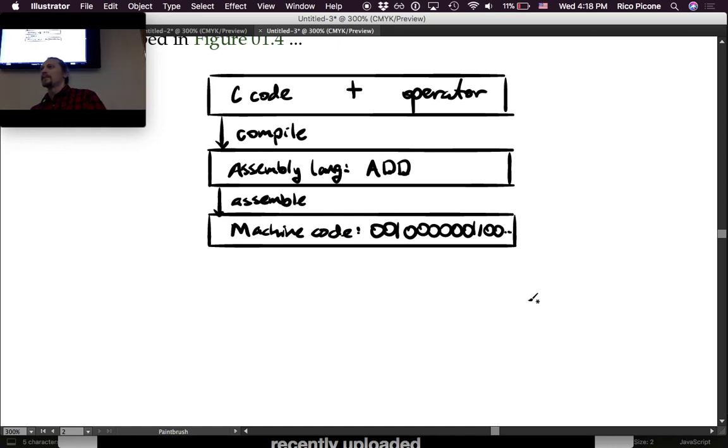It's an instruction. Now, there's going to be more involved too, because it's going to have to talk about what are the two things you're adding and all that. So it's kind of a simplified view, but we're just trying to get an idea of how it goes from this high level down to this low level. So now here we crossed a barrier, right?